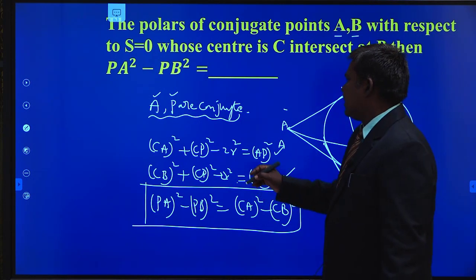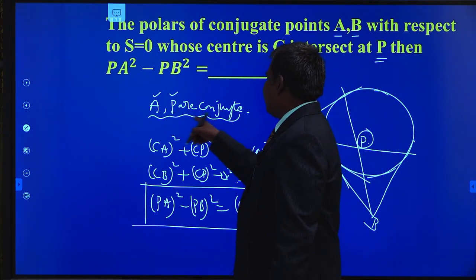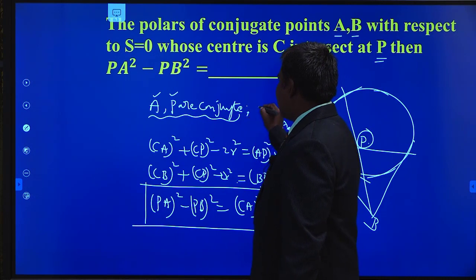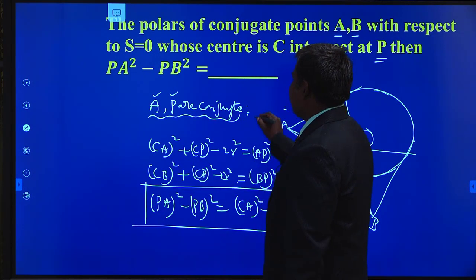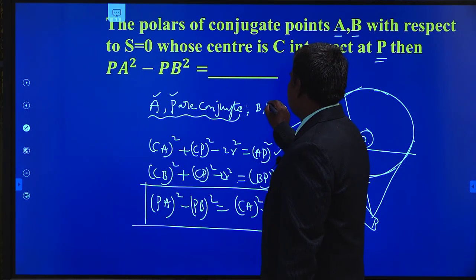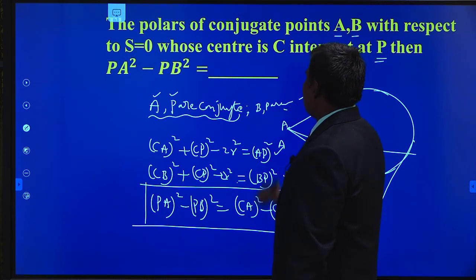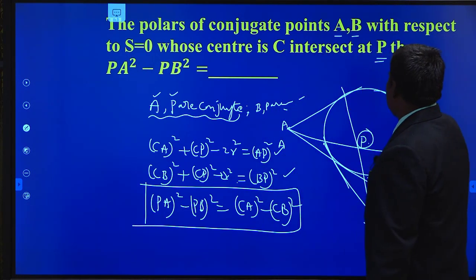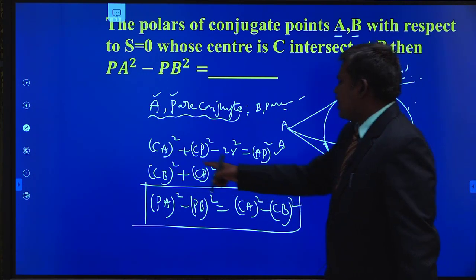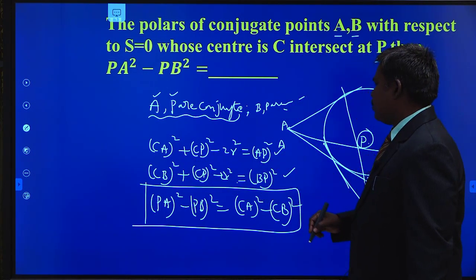So, just applying the conjugate property, A, P are conjugate points, as well as the next condition, B, P are conjugate points with respect to the same circle having center at C, say. CA square plus CP square minus 2R square equals AP square.